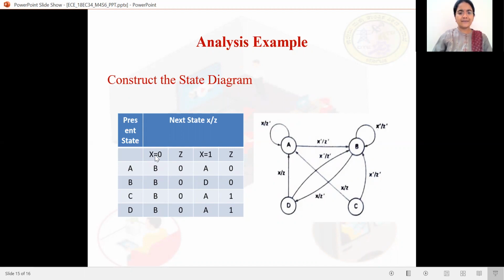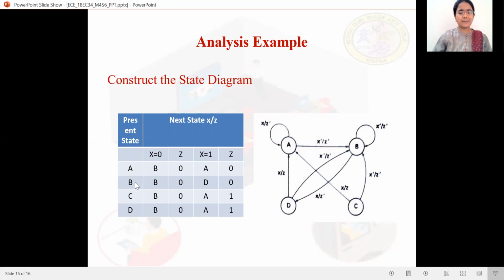And here we are writing the x separately. X is equal to 0 and x is equal to 1, and this z is for x is equal to 0, and this z is for x is equal to 1. When it is in state A and x is equal to 1, the circuit will be in the same state and output is 0.